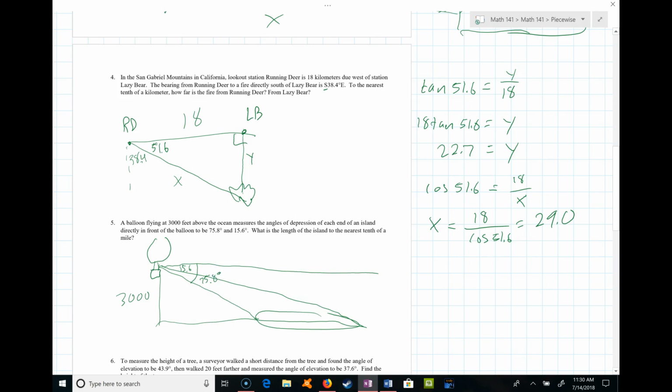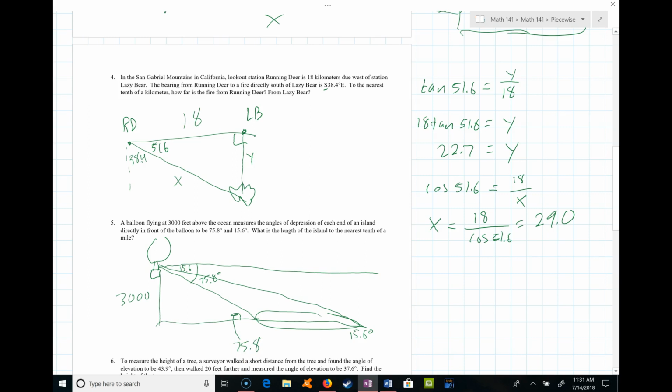Okay? And again, really what we want to know is the angle of elevation from the island up to it, but because of alternating interior angles, we know that this little guy down here is 15.6 degrees, and this guy right here would be 75.8.